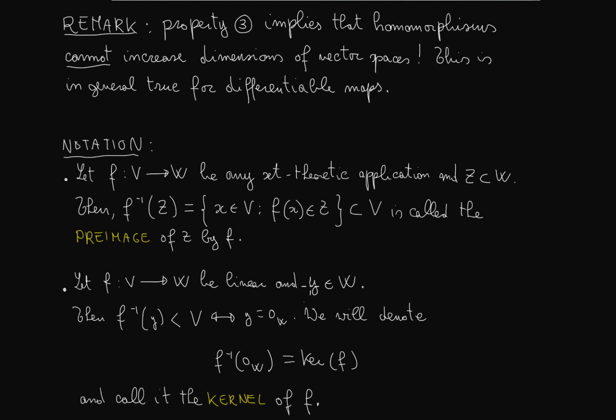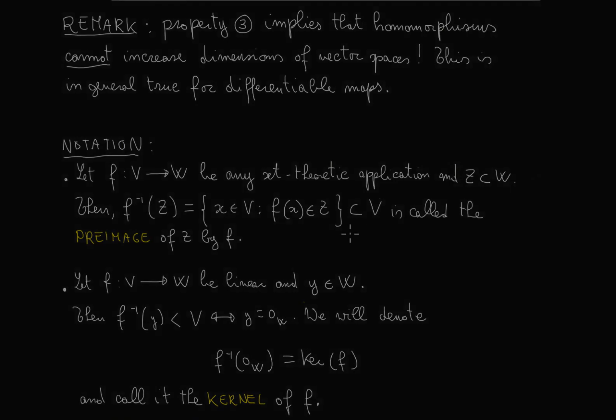So if y is in the image of f, its pre-image in V is never a subvector space of V unless y is the zero vector of W. And this subvector space is called the kernel of f, and this is a fundamental notion and concept of linear functions between vector spaces and between any other object with algebraic structure.